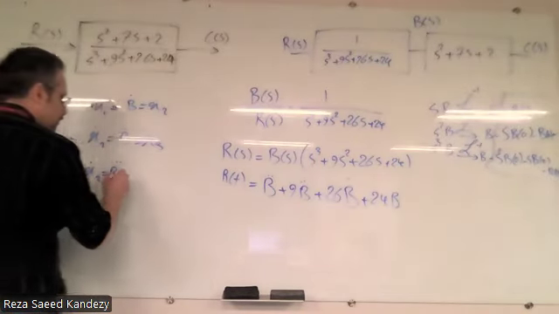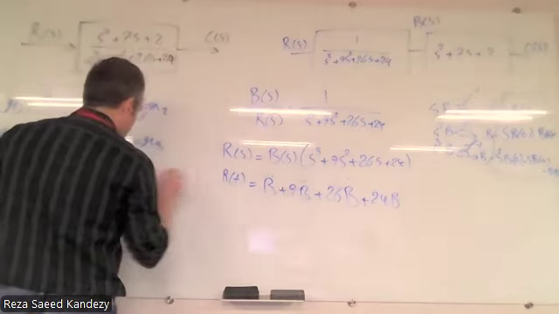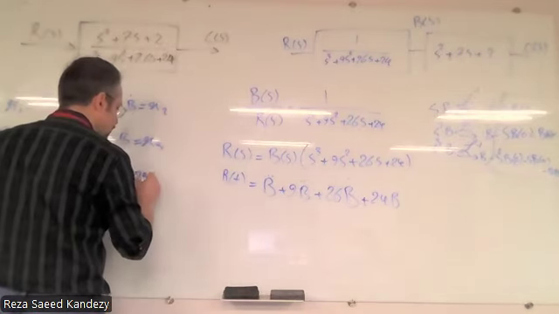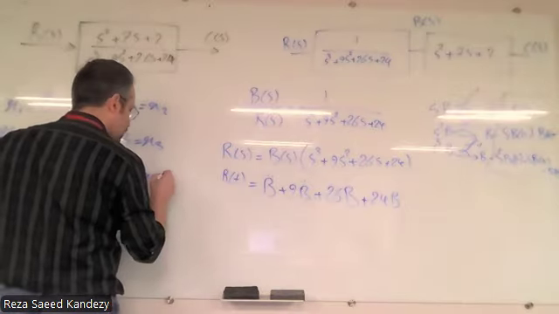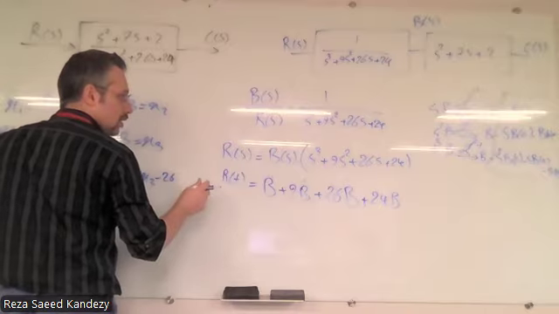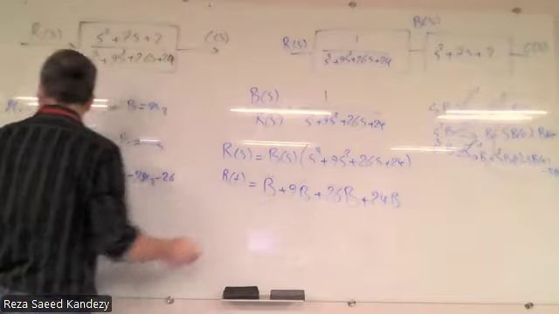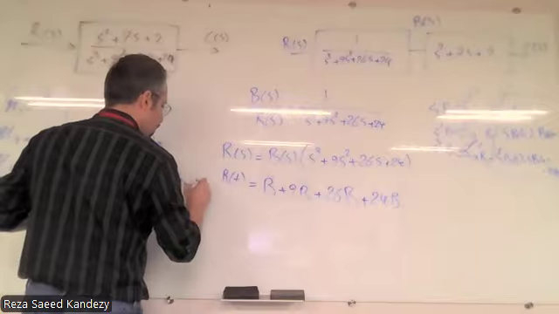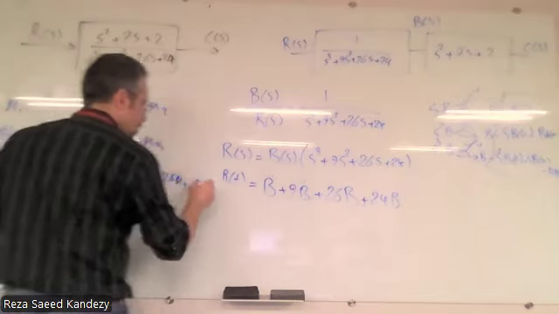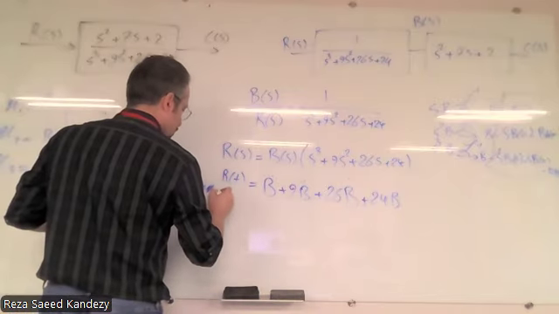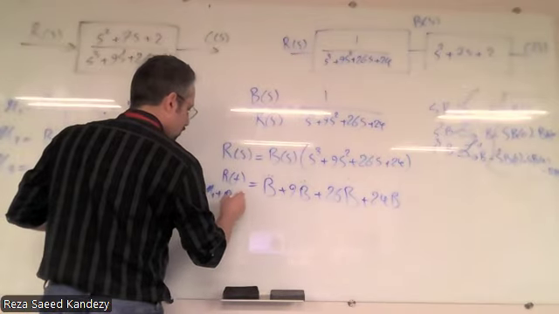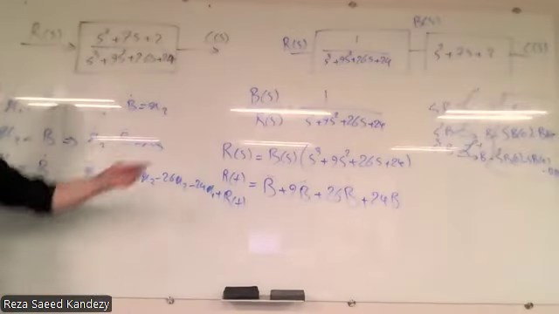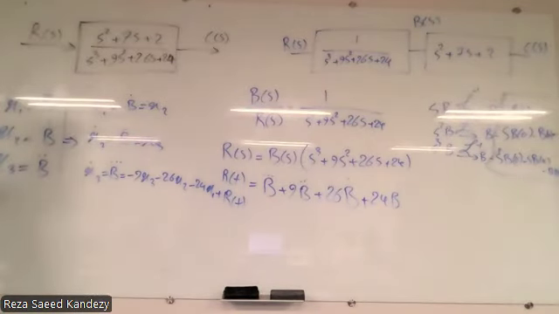So it's going to be minus 9 b double dot, which is x3, minus 26 b dot, which is x2, and minus 24 b, which is x1, plus r of t. I moved everything but b triple dot to the other side of the equation.